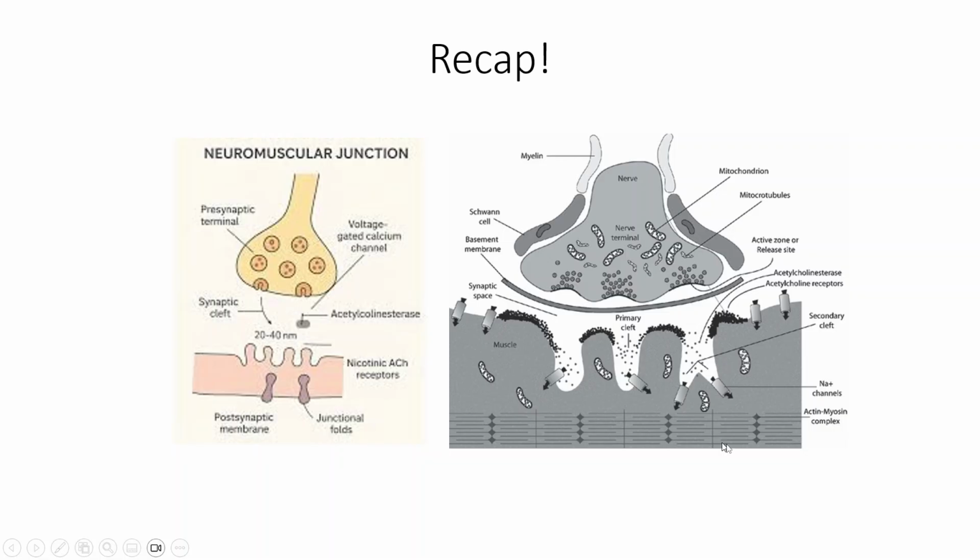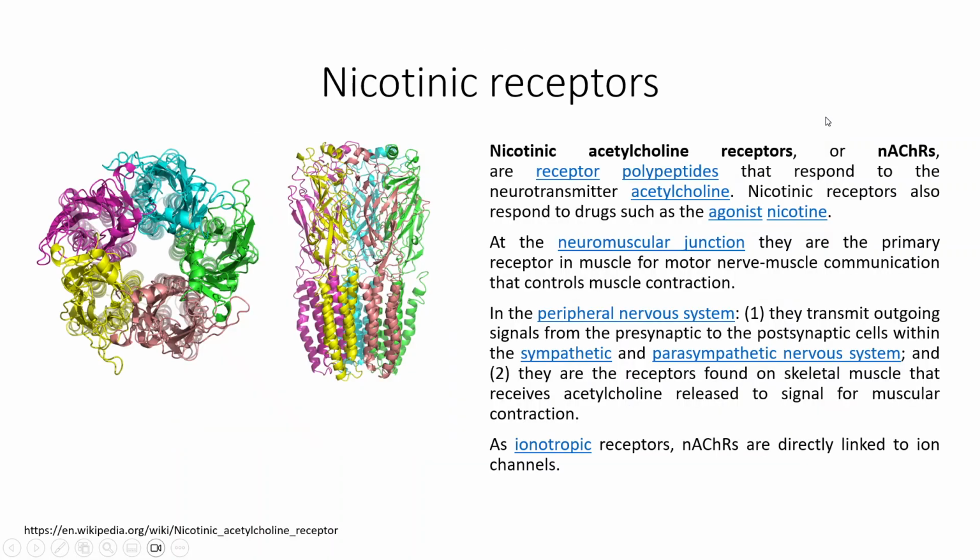You have your Z discs over here, and the calcium helps to displace tropomyosin to allow actin and myosin head binding, which allows for contraction. So this is happening in skeletal muscles. It's also happening in cardiac muscles, right? So all of this is orchestrated by information that is crossing through the neuromuscular junction, right? So this is what we learned.